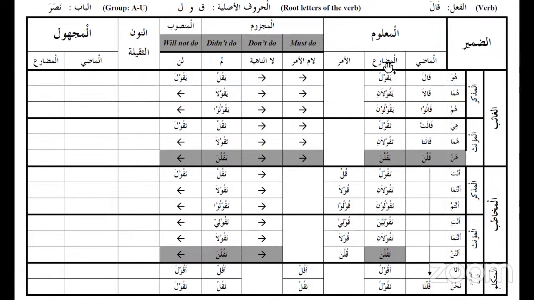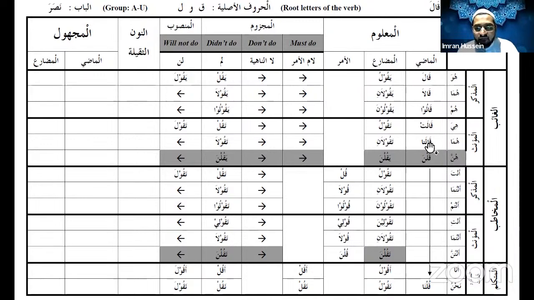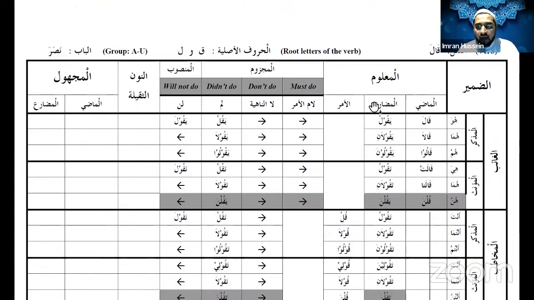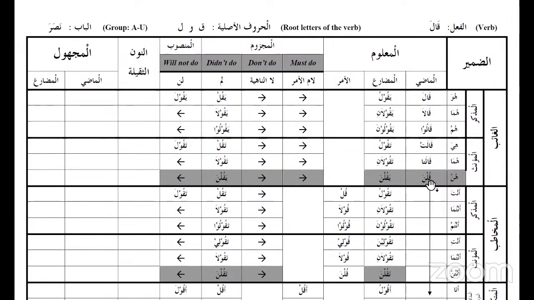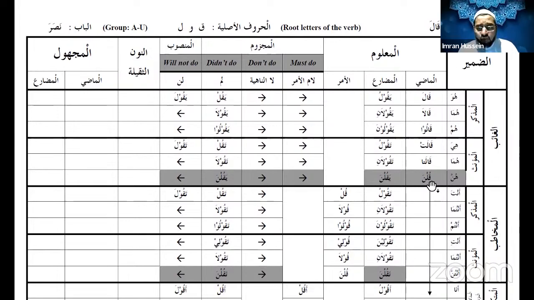Why this happens is that the alif is dropped and the qaf takes a dhamma. Whenever a verb is on the pattern of qala yaqulu, nasara yansuru, with a weak letter in the middle, the first letter of the present tense in the sixth form will take a dhamma.